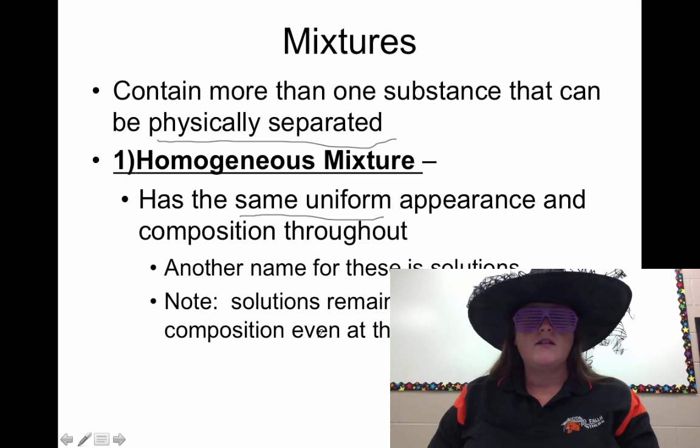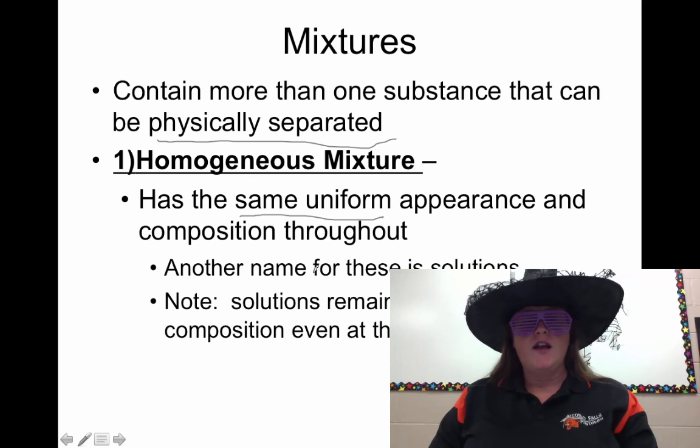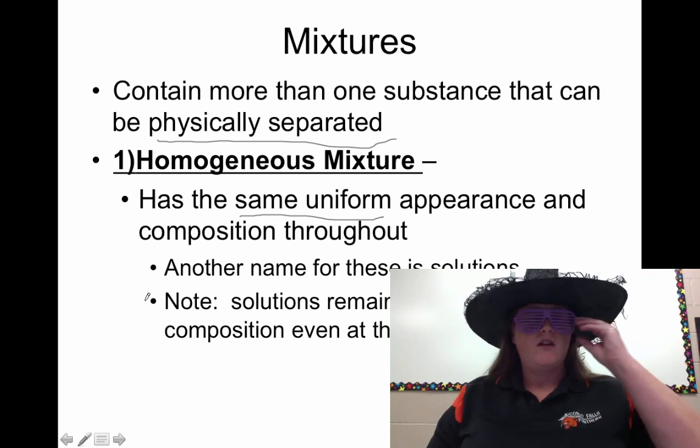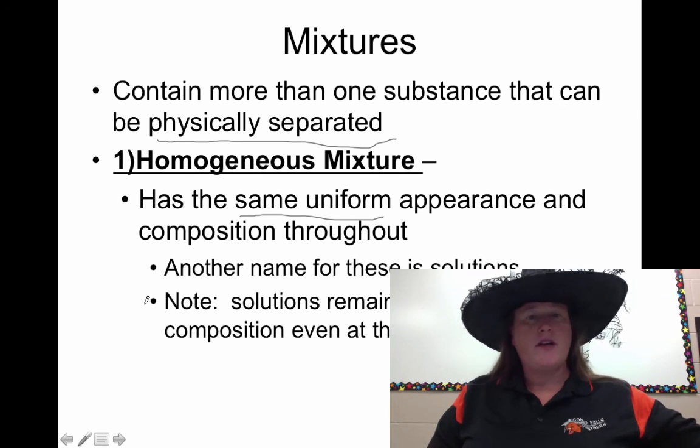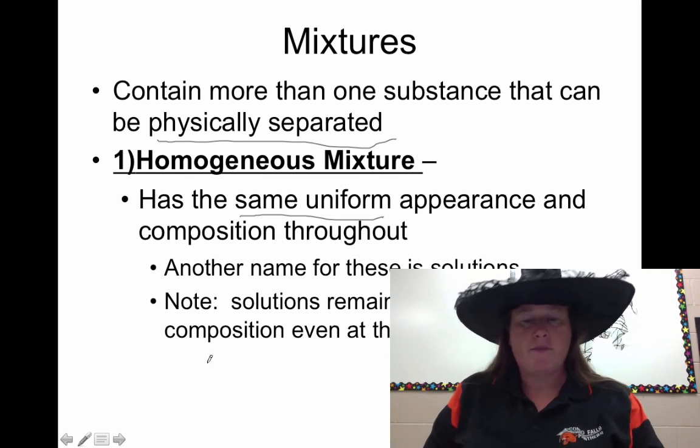So the contents are so uniformly distributed that even if you looked at it microscopically, you wouldn't be able to separate one component from the next. They can still be separated by physical means. For example, a saltwater solution is a homogeneous mixture, and all we would need to do is evaporate off the water to get the salt back through that evaporation and crystallization process.